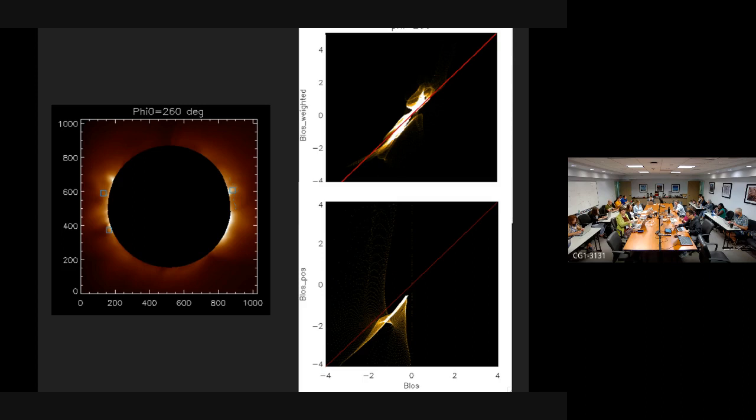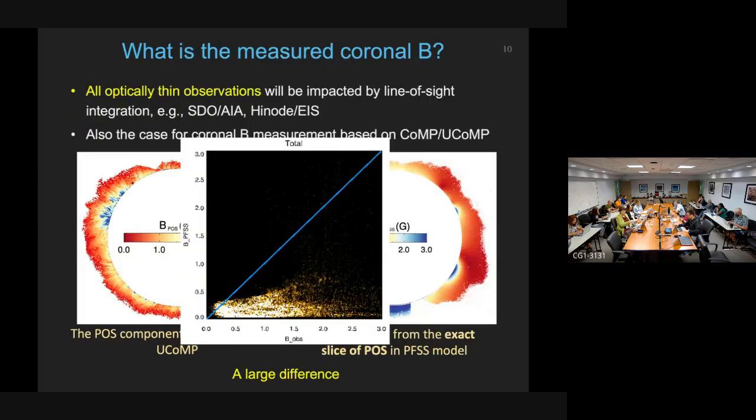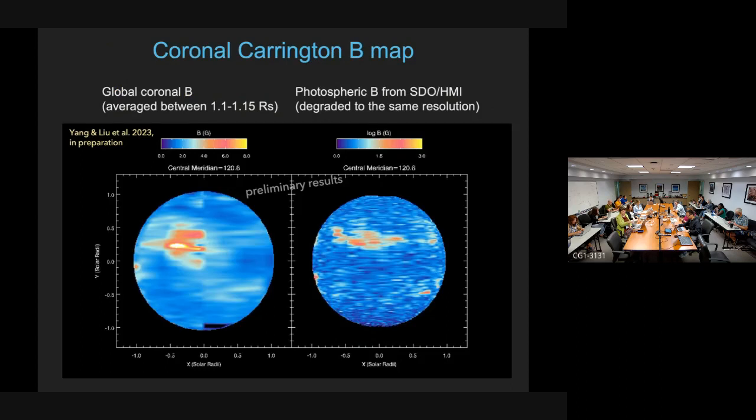So we assumed that it's emissivity weighted, and we did a tomography, and we found the results are not even as good as this map, the simple stacking of different maps.